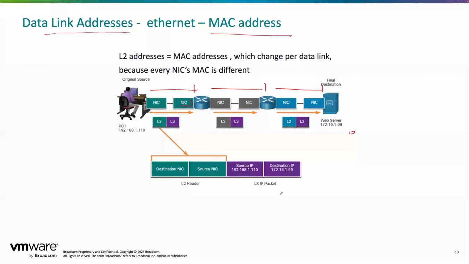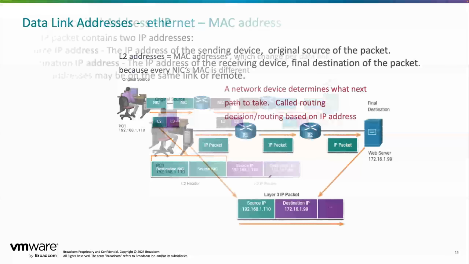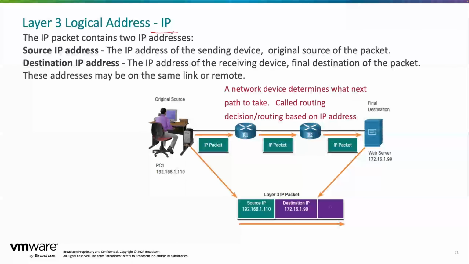So from the frame point of view, the MAC address always changes, but the source IP and destination IP within this communication do not change. For layer 3, the IP layer, the source and destination IP don't change, but the MAC address for different data links might change.